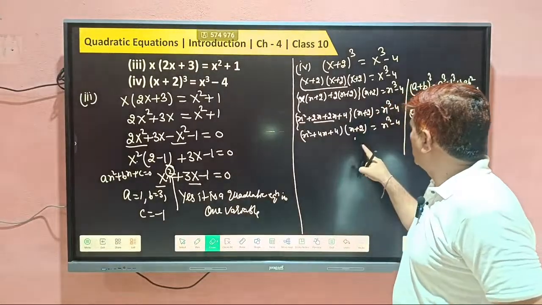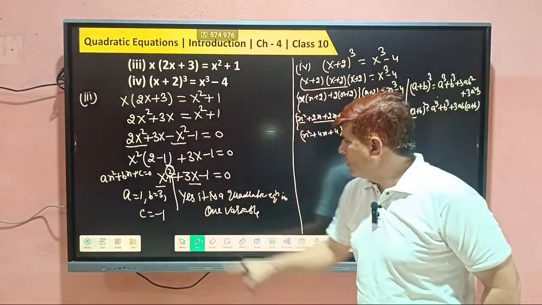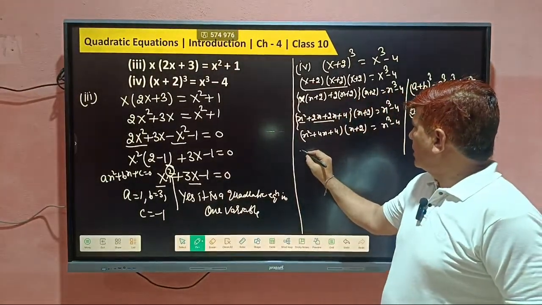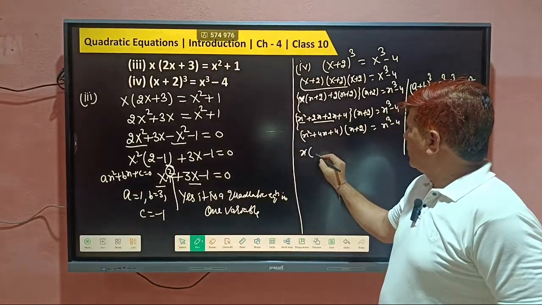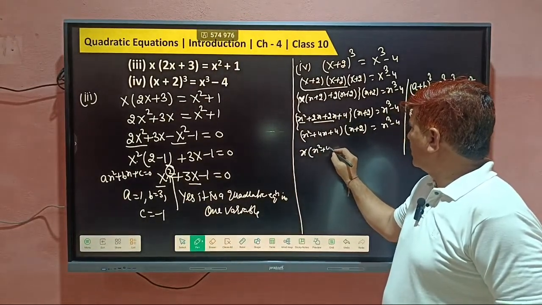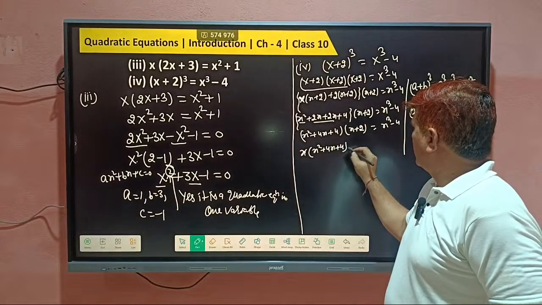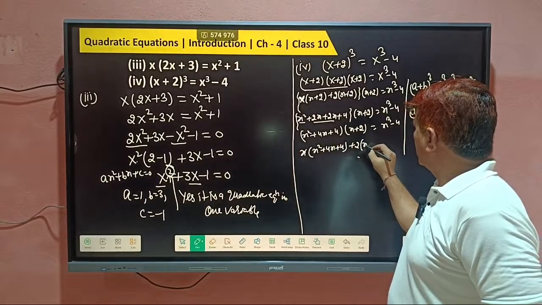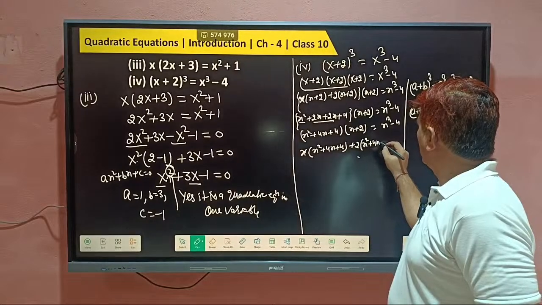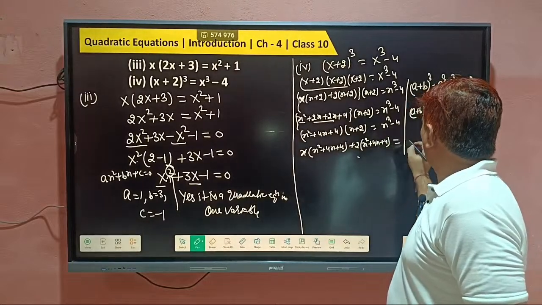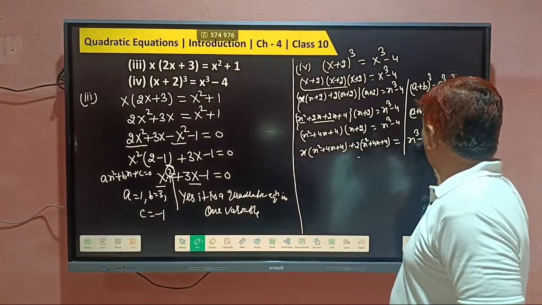So how can you solve? x into x square plus 4x plus 4, plus 2 into x square plus 4x plus 4, equal to x cube minus 4. Directly you can solve.